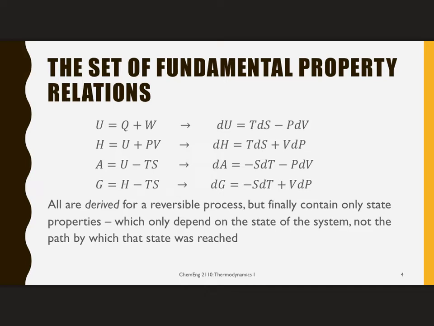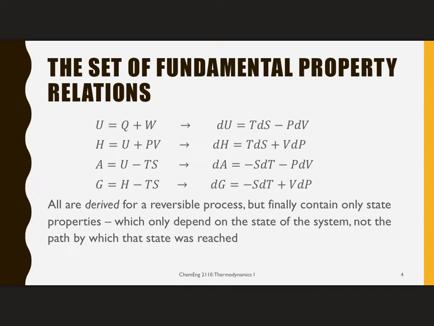Doing this for Helmholtz energy A, which is defined as U minus TS, I get dA equals minus S dT minus P dV, and dG equals minus S dT plus V dP from its definition.